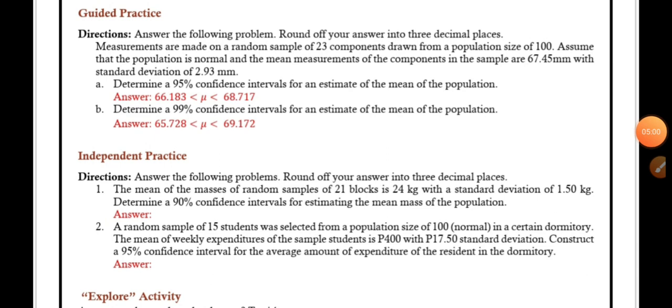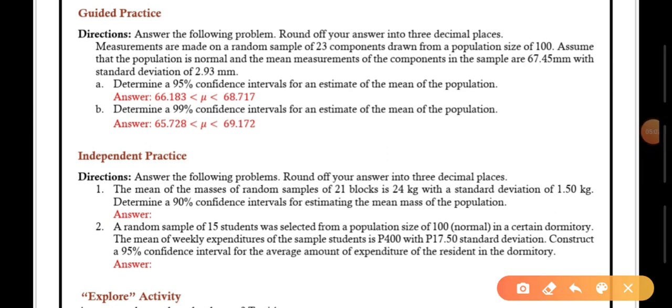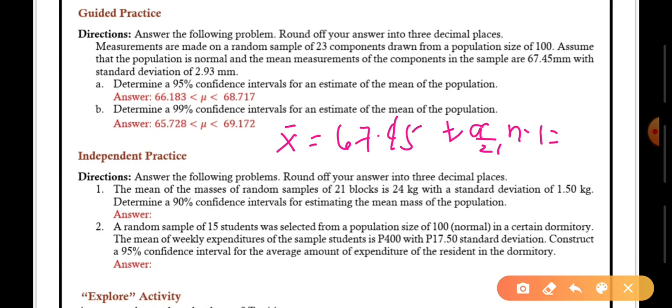On our number 1, once again, we have our x bar equal to 67.45, and then our t sub alpha over 2, n minus 1, is equal to, you just need to look for its value in the t table, 2.074.